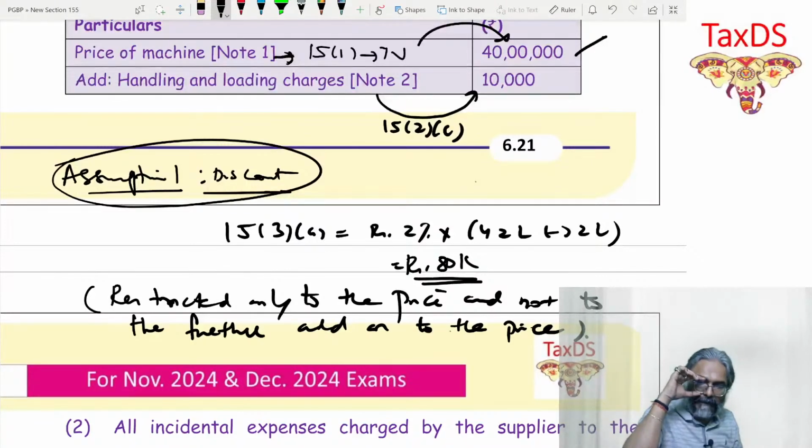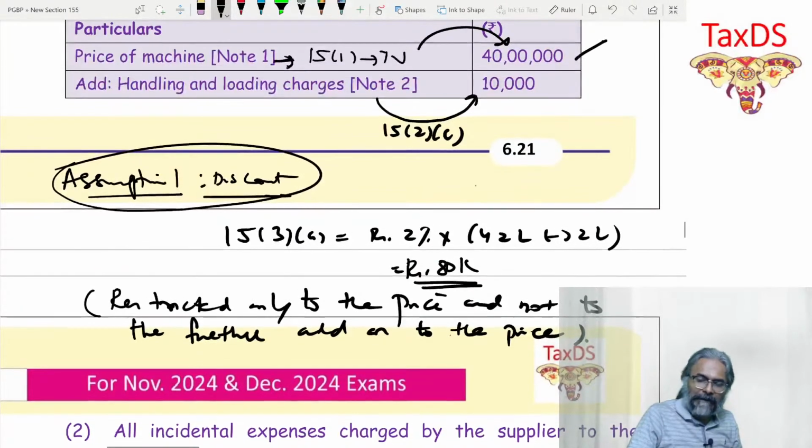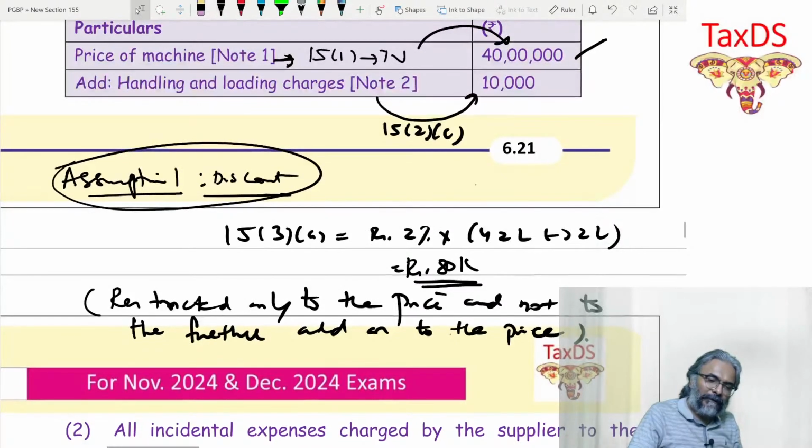So the conclusion is what? Restricted only to the price and not to the further add-on to the price after subsidy. Is that point clear to all of you? The add-on means two things.